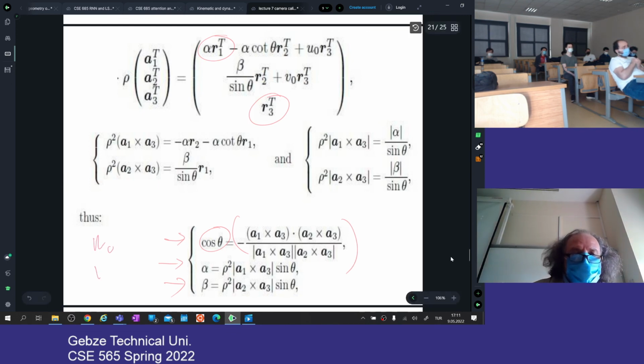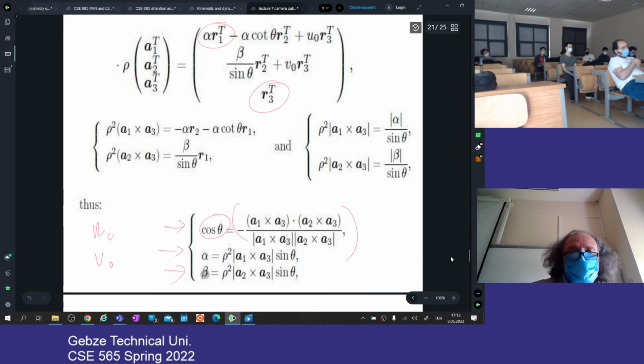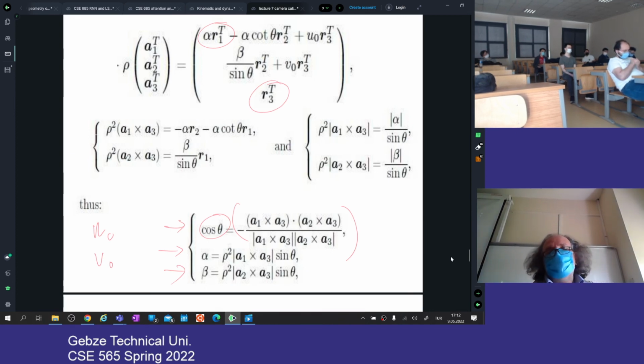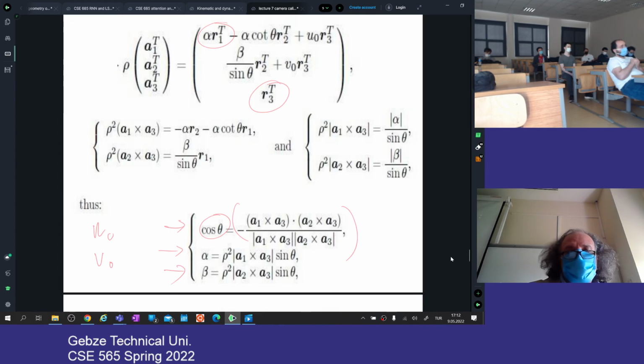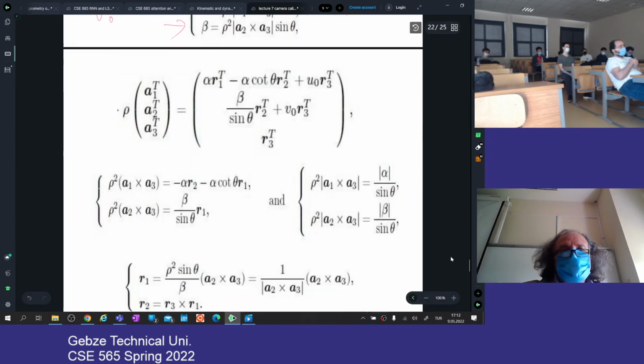Previously u0 and v0 I recovered. So how many parameters do I know now? I know 1, 2, 3, 4, 5, and also I know the R3 depending on the sign of the row, which I don't know.